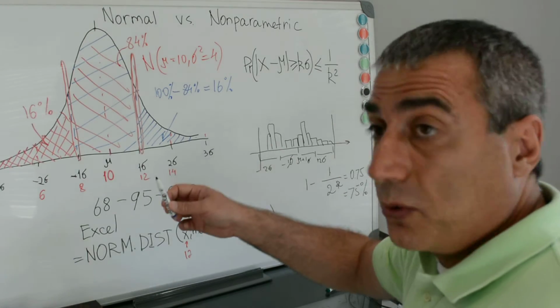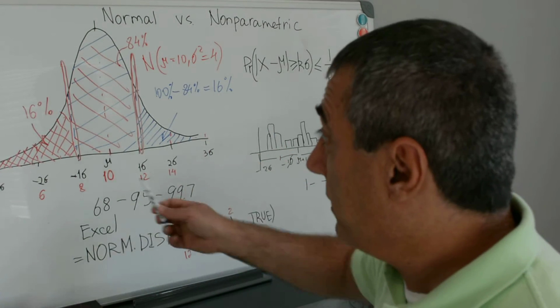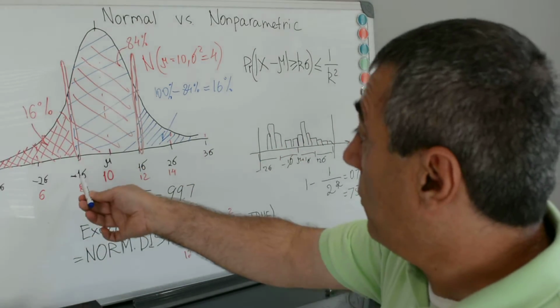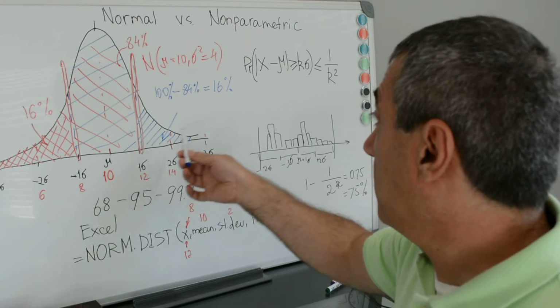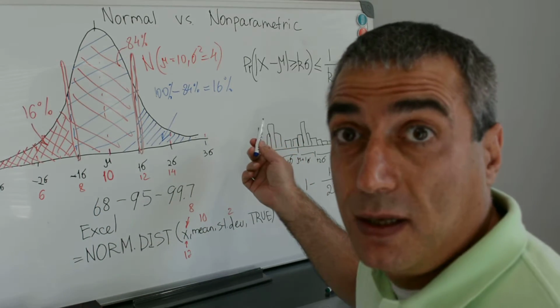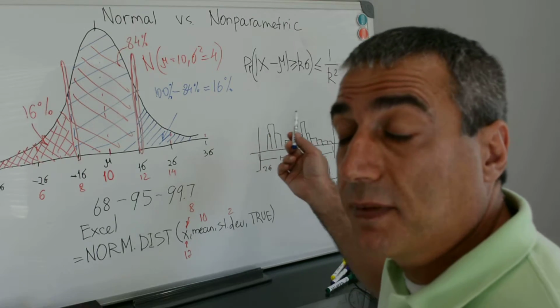Intuitively we know that because the normal distribution is symmetric, if 16% is below minus 1 standard deviation, 16% will be above plus 1 standard deviation.